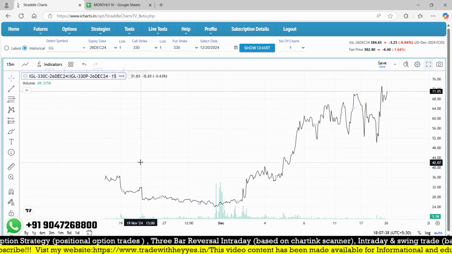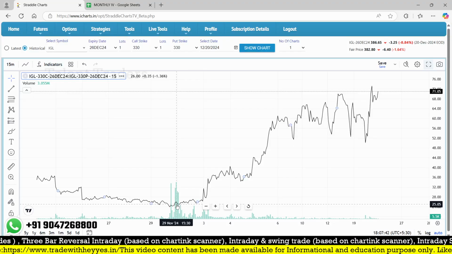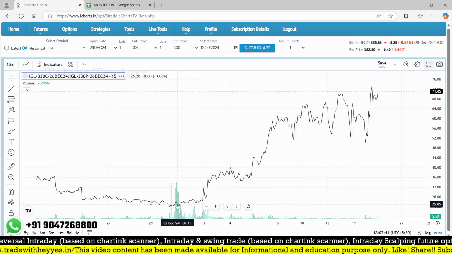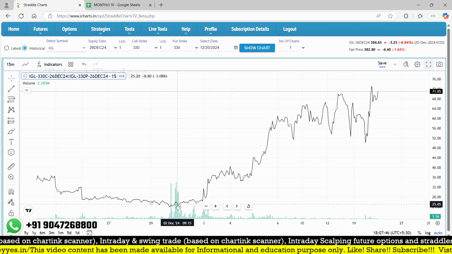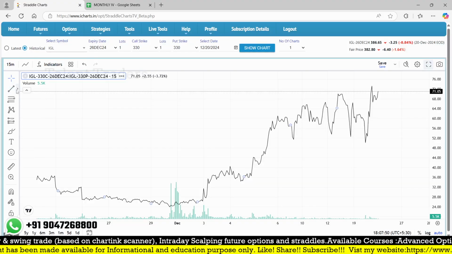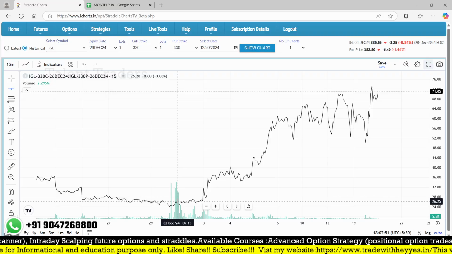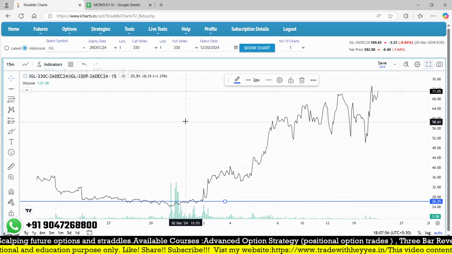So this is one more stock, the IGL. The December contract almost started at 9:15 on 2nd December somewhere around 25 rupees. If you are looking at the price of that particular option, the high of this is around 26 rupees.